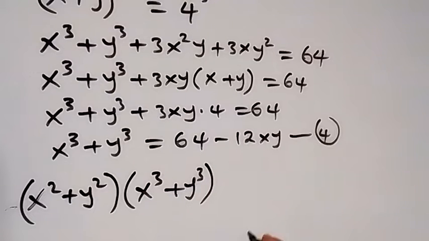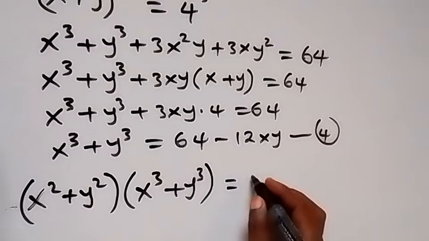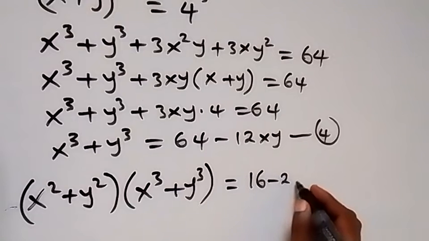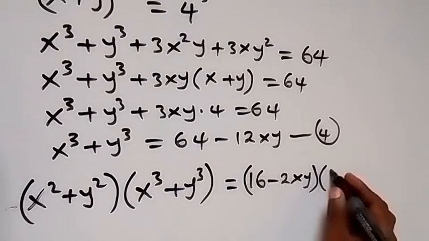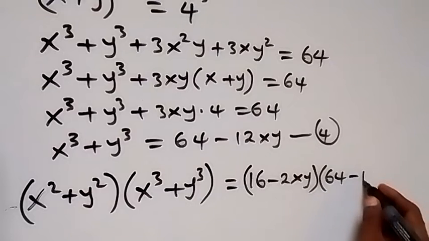The right hand sides also multiply each other, equals (16 minus 2xy) multiplied by (64 minus 12xy).